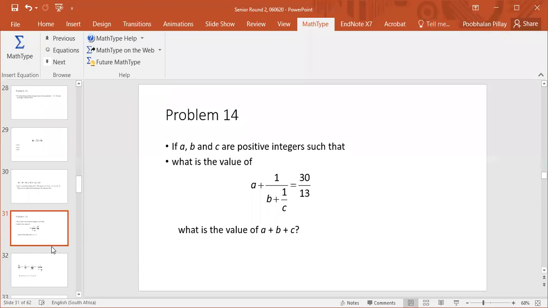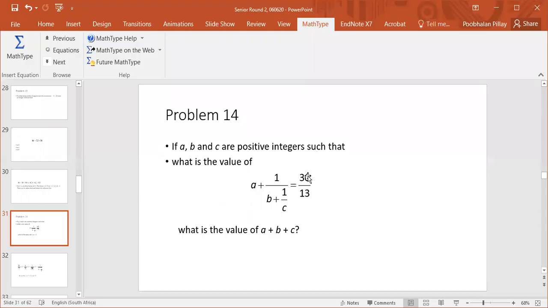Problem 14 is another strange kind of problem. It says a, b, and c are positive integers. And now you've got an equation here with 3 unknowns, and they ask you to work out a plus b plus c. So you want a, b, and c to be positive integers.